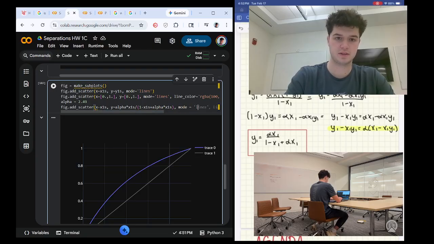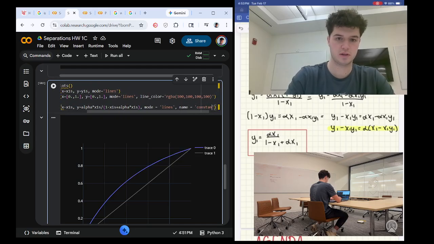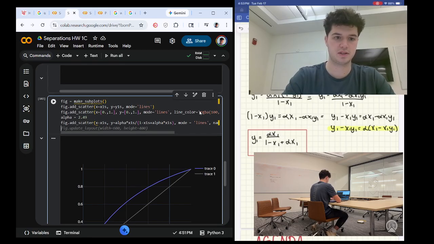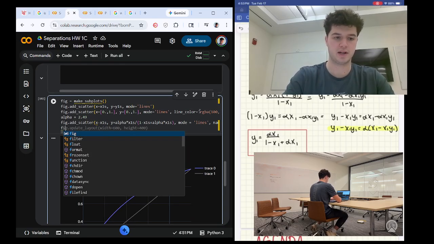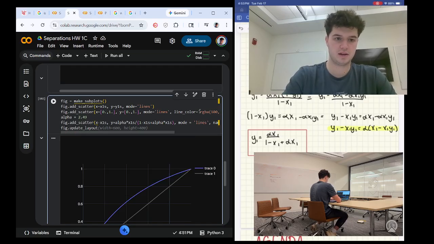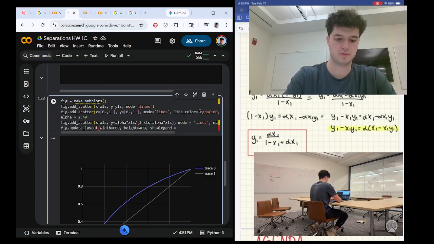I like lines. I think it looks better. Name equals constant. And now let's run the. Actually, I'm sorry. We need to update the layout on this to make sure that everything fits correctly. Fig.update. That looks good. And then the last thing is showlegend equals false, because we don't really need it in there. We know what we're looking at.